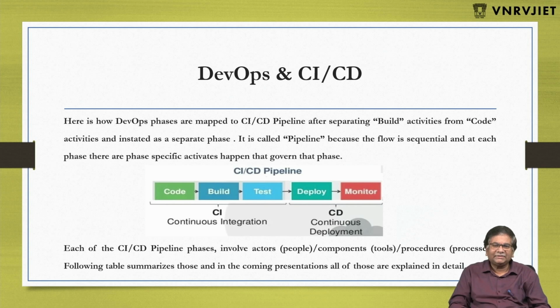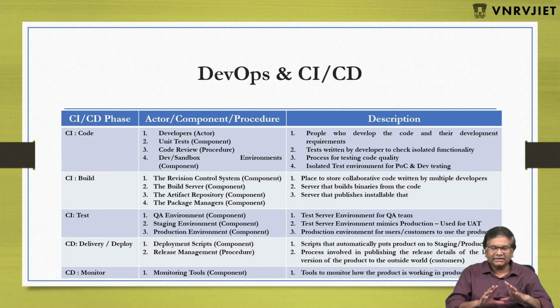Like I said, each of the CI/CD pipeline phases involves actors, components, and procedures. Each one, like code, build, test, deploy, monitor, will have several subcomponents, right? So let's see what those components are at a high level. When it comes to code, which is part of CI, developers are one actor, unit tests are another, code review, which is a procedure, is another thing, and dev and sandbox.